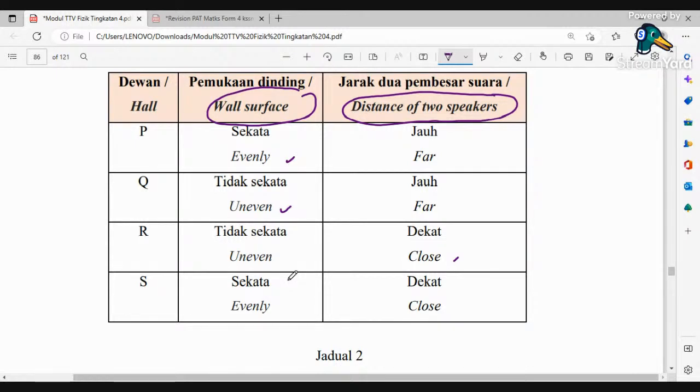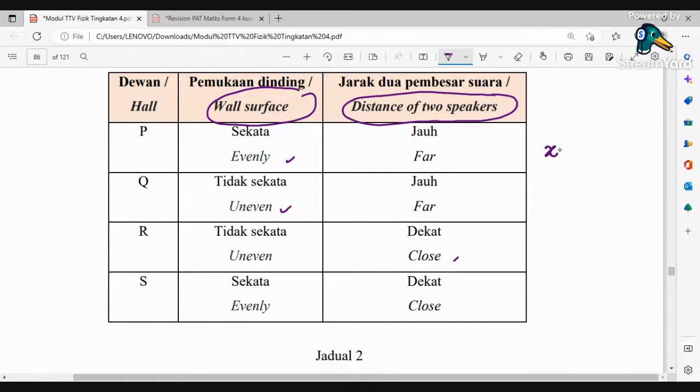So reflection will not occur direct, it will occur in different direction. Means it will reflect in many direction, not straight to the center of the wall.